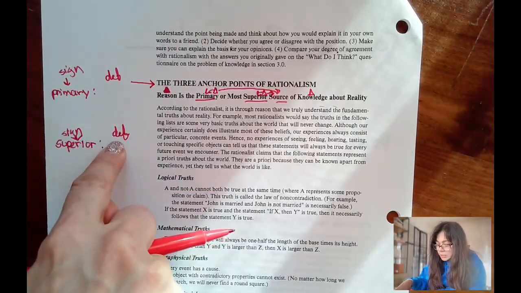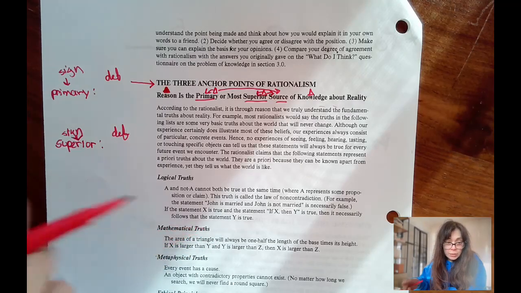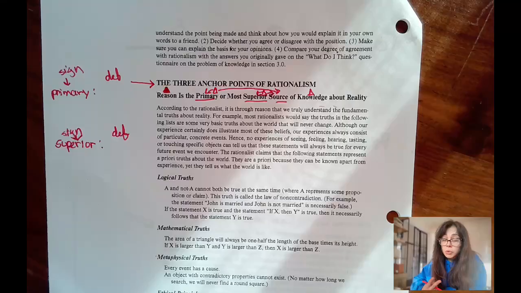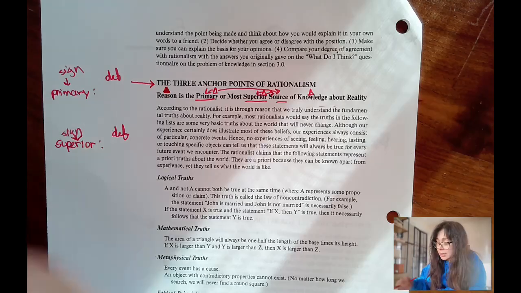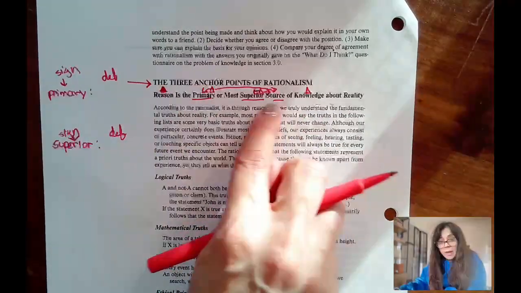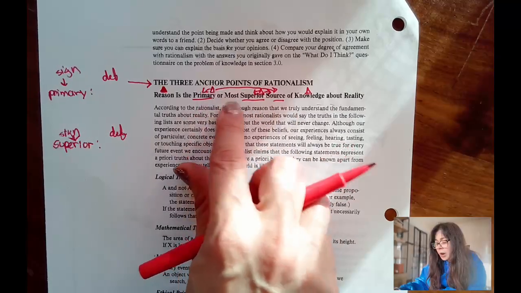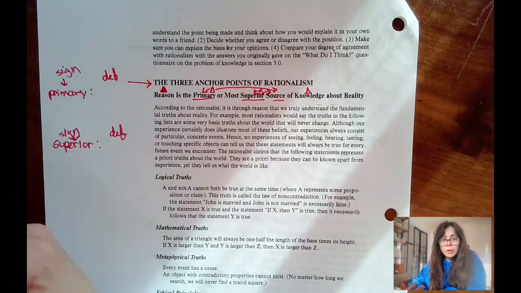Again, your definition cannot contain any version of the word you're defining. That's the first rule. The second rule is that the definition that you pick has to make sense in light of where it's being used. So it has to keep the context in mind. So for primary and superior, I wouldn't want you to give me a legal definition or a definition that has to do with power in terms of political government.